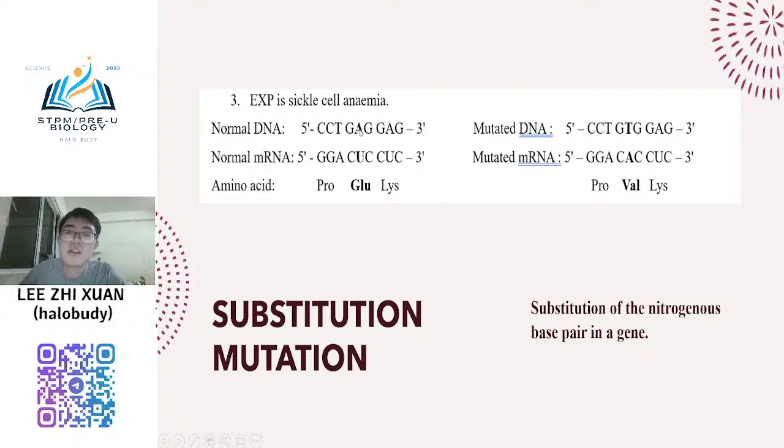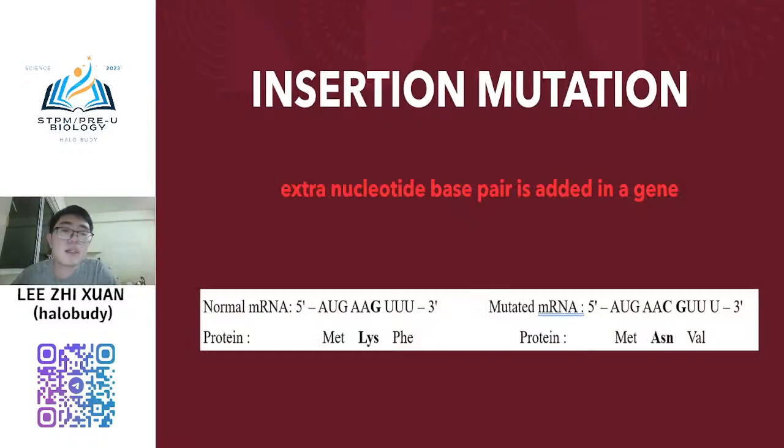So this kind of people cannot do exercise. Dia tak boleh buat jogging, senaman punya, kerana the red blood cell of this patient cannot carry more oxygen. Because the surface area of the red blood cell is very low, so hemoglobin is also very low. Okay, so this one is the substitution.